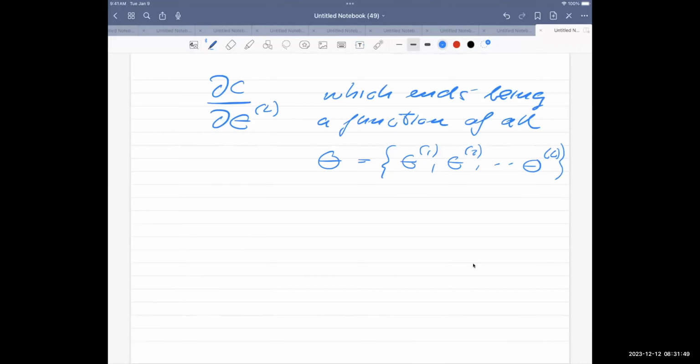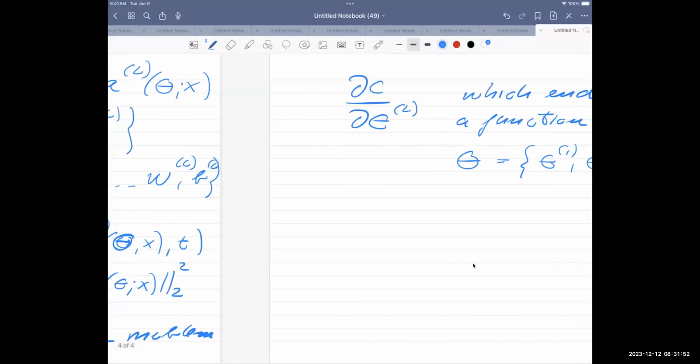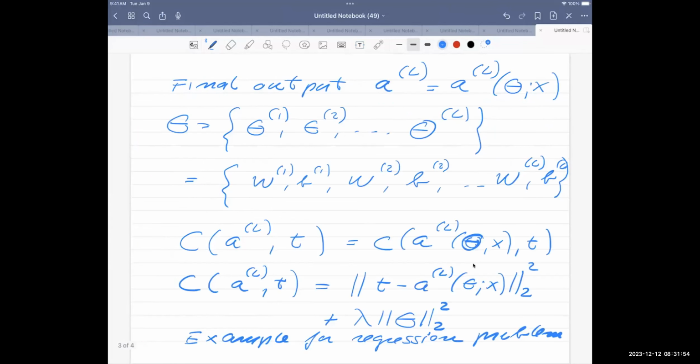Now, note as well, if we go back to the previous equation, when we are setting up the cost function, it is a function which normally depends only on this A of L, which means that we have to use the chain rule in order to calculate the derivative at the final layer.